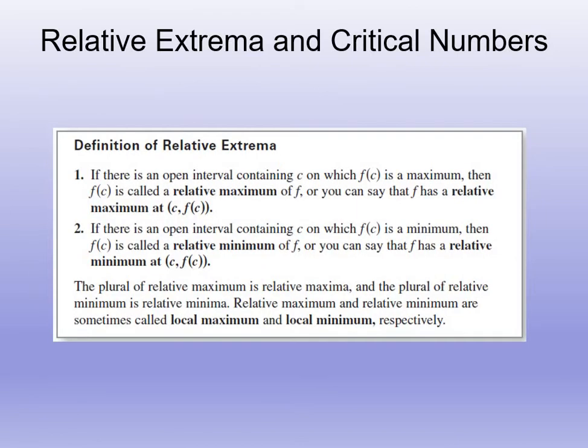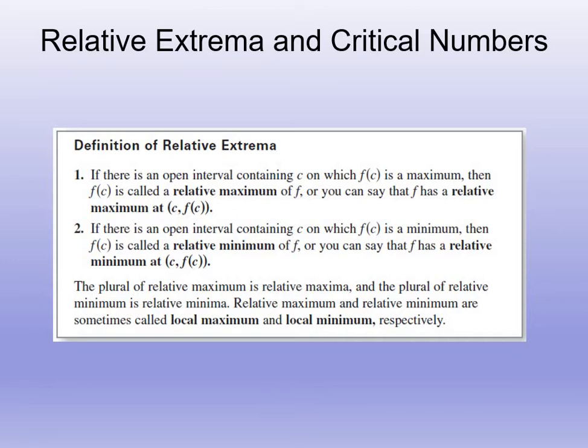All right, so let's define relative extrema here. One, if there's an open interval containing c on which f of c is a maximum, then f of c is called a relative maximum of f, or you can say that f has a relative maximum at c, f of c.